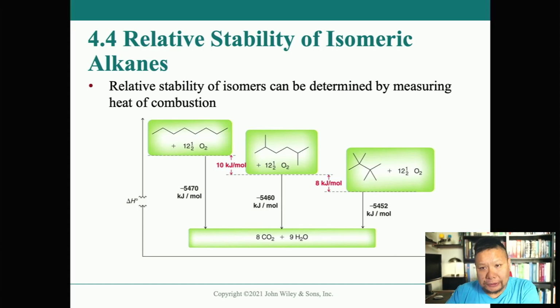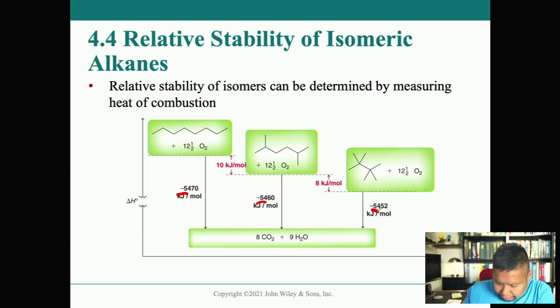In a heat of combustion chart, what you're illustrating is how much energy is released from a molecule in a chemical reaction, in this case a combustion reaction. And that's why the numbers here are negative.